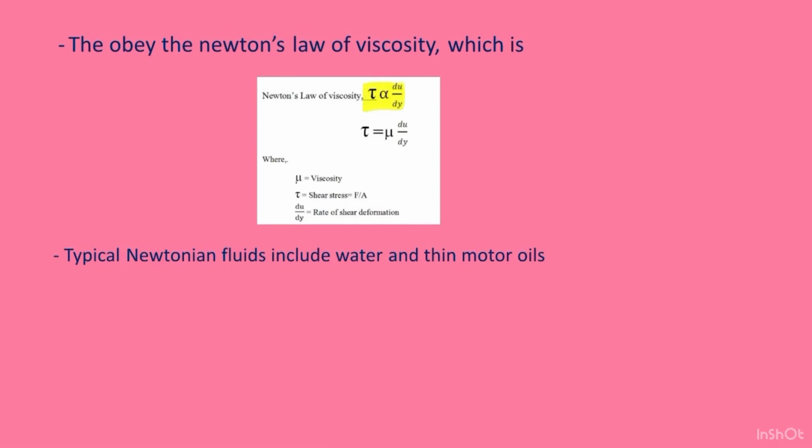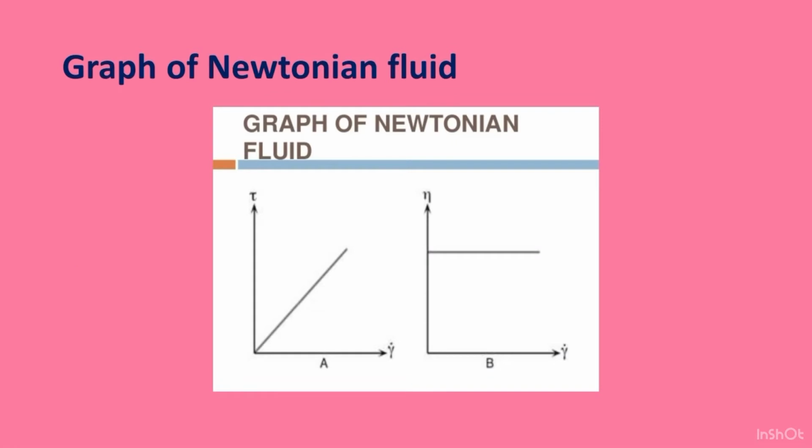They obey Newton's law of viscosity, this is Newton's law of viscosity, and this is the formula of it. Typical Newtonian fluids include water and thin motor oils. This is a graph of Newtonian fluid.